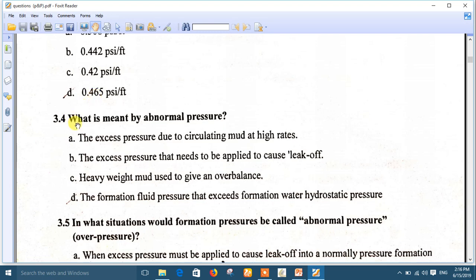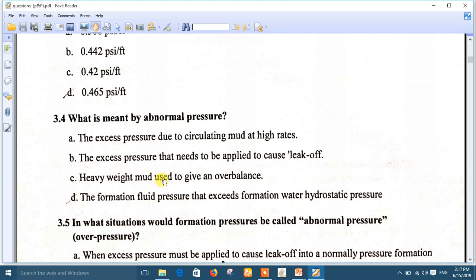So let's check now what is meant by abnormal pressure. A, the excess pressure due to circulating mud at high rates. No, it has no meaning. B, the excess pressure that needs to be applied to cause leak off. No, also not the right answer.